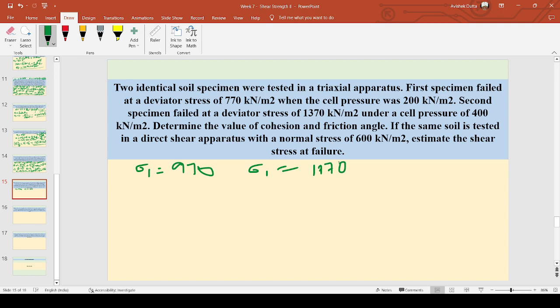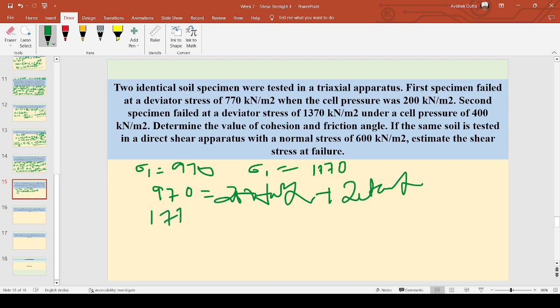So the equations are 970 equals 200 tan square alpha plus 2c tan alpha, and 1770 equals 400 tan square alpha plus 2c tan alpha. Solving these equations, we get the value of c and phi.